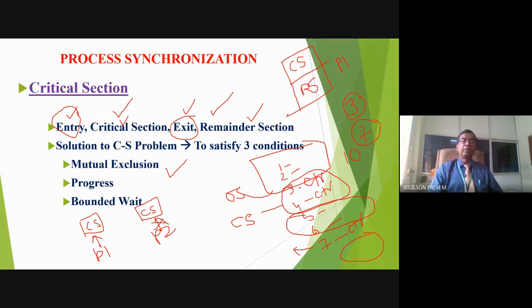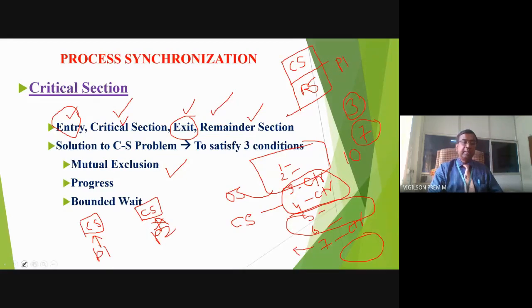So we have to make a request to the OS: I want to use the common variable counter. Then the OS will see all the things and will not allow two programs to access it in parallel. The OS will form an algorithm. Based on that, first it will allot P1, then P2, then P3, then P1, then P4, then P5, like that. One by one it will allocate. That is mutual exclusion.